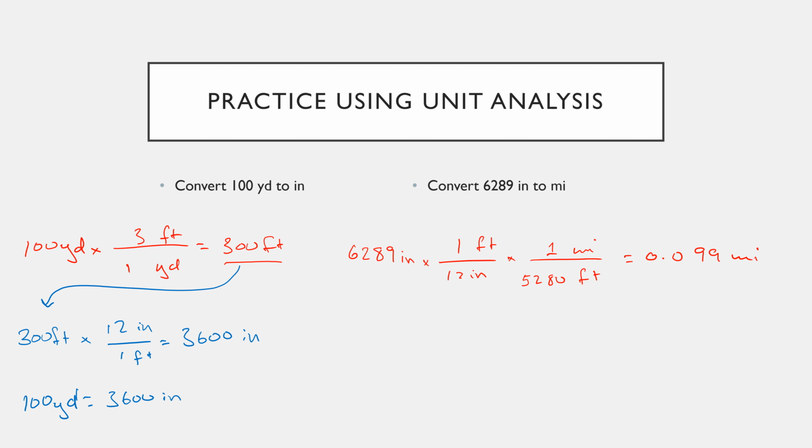And that makes sense, right? Because a mile is a huge unit of distance. An inch is a very, very small unit of distance. So it makes sense to us that 6,289 inches is only going to be approximately, because we are rounding here, approximately equal to 0.099 miles.